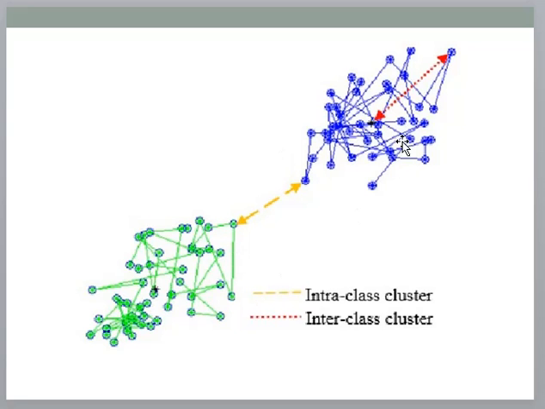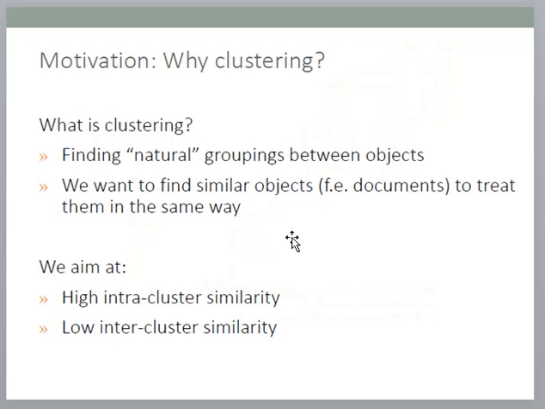Because here we have two different clusters, and this red line is telling the inter-cluster distance, right? Because this is within the cluster and this is to another cluster. So the target is to have high intra-cluster similarity and low inter-cluster similarity.